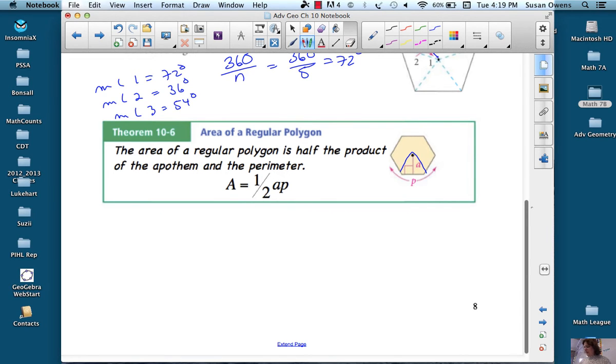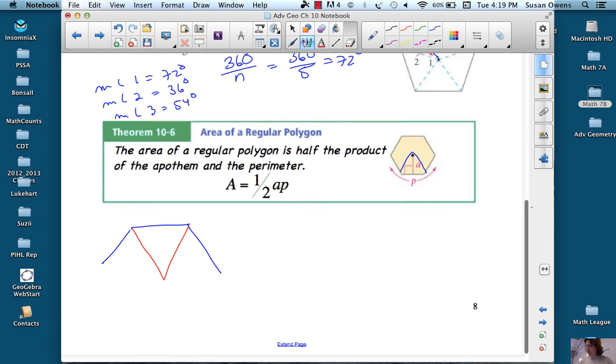I'll draw any polygon. I'll draw it kind of like a hexagon, but know that it could be any number of sides. Maybe I'll just draw part of it. Then I can draw the central angle. What I could do is break this polygon into a bunch of congruent triangles.